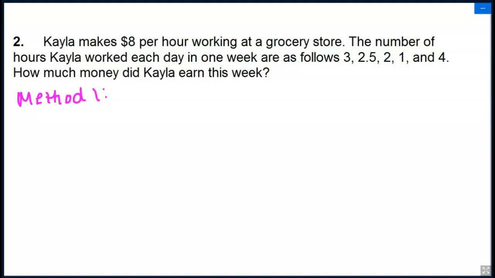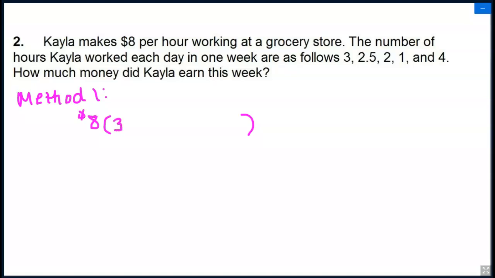So Kayla makes $8 per hour working at a grocery store. The number of hours Kayla worked each day in 1 week are as follows. How much money did Kayla earn? So we would take the amount of money she makes per hour and multiply that by the total number of hours she works.